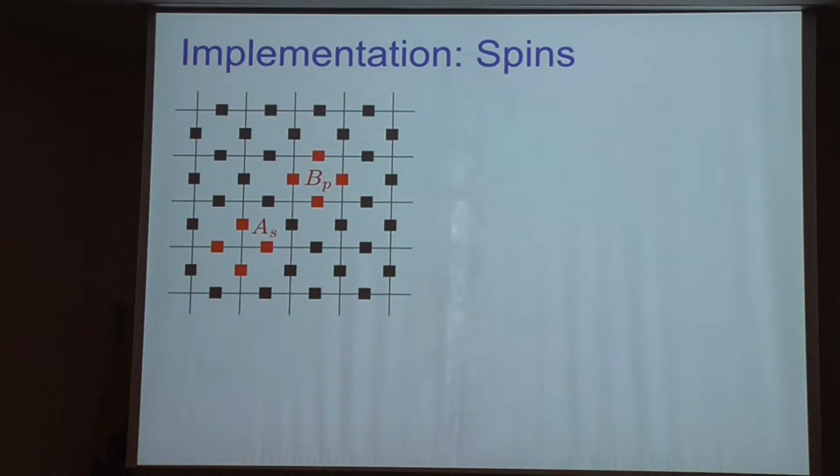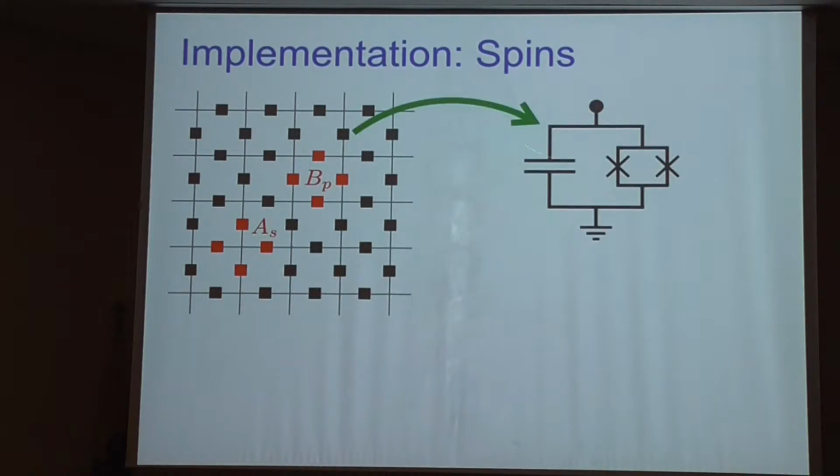Alright. So how do I want to implement these spins? Each of these spins will be implemented by a superconducting qubit, formed by a Josephson junction, or two junctions in parallel forming a DC SQUID so that it's tunable, and this DC SQUID is shunted by a capacitance.